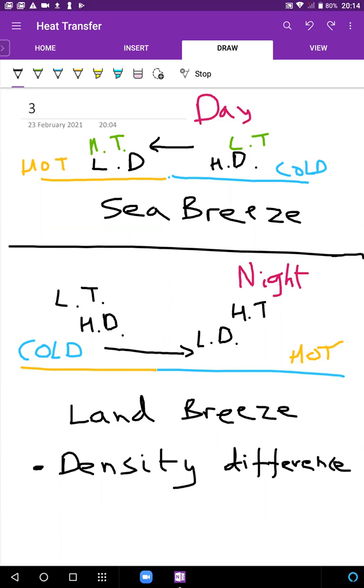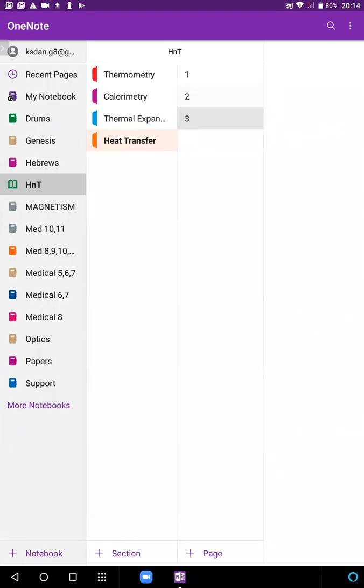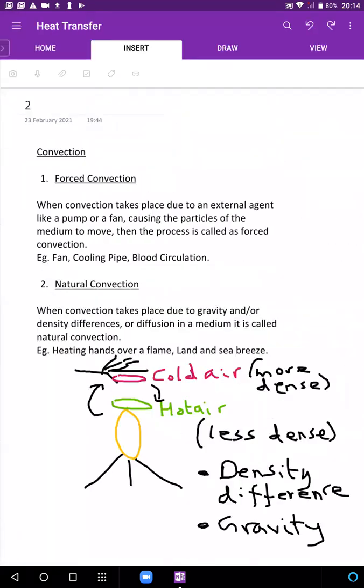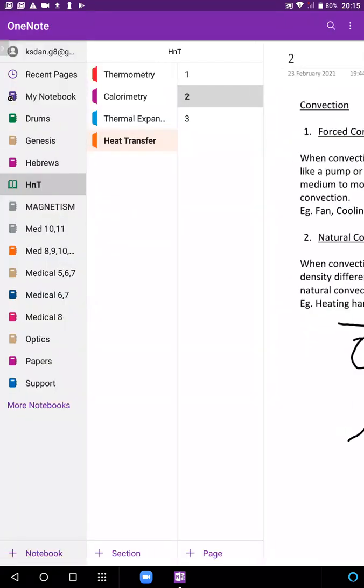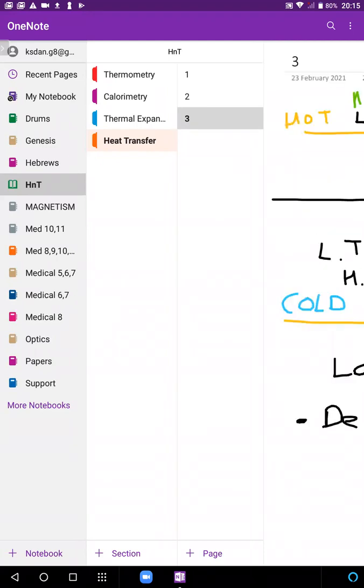All right. So that actually wraps up convection. With that, we can look at radiation. Anyone still copying any of these pages? Sorted. Okay.